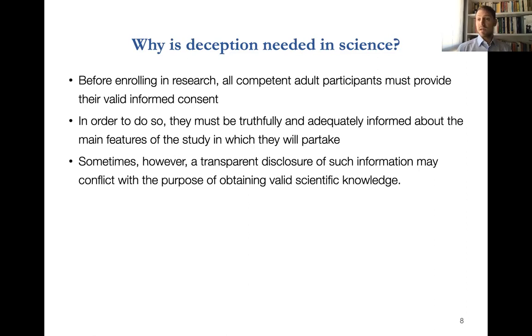So typically, this information includes the true purpose of the study, the methodology, the final results, what kind of interventions will be provided during the study, and so on and so forth. Sometimes, however, a transparent disclosure of such information concerning the very nature of the study may conflict with the purpose of obtaining valid scientific knowledge.